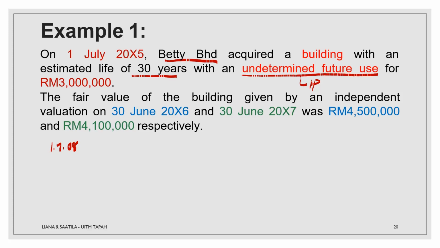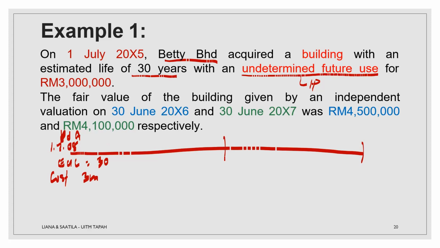That is giving you the indicator that the building is not under MFRS 116 but under MFRS 140. The cost on the date of acquisition, or initial recognition, is 3 million.